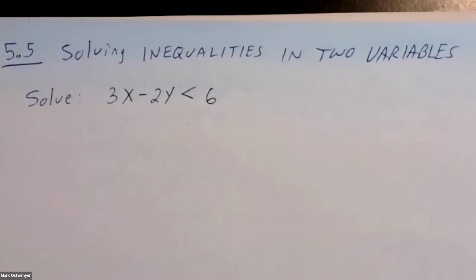We wish to solve it for its ordered pair solution set. A solution to this must be an ordered pair, and the ordered pair has to satisfy this inequality to be a solution. I'm just curious, can anybody think of any ordered pair that would make it a true statement? Can anybody think of any ordered pair solution?